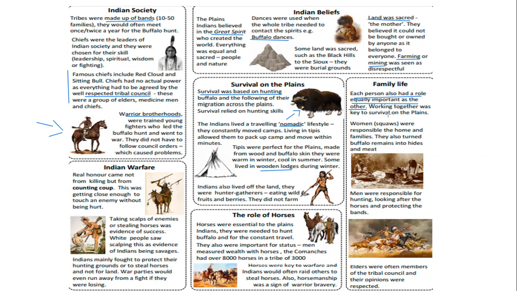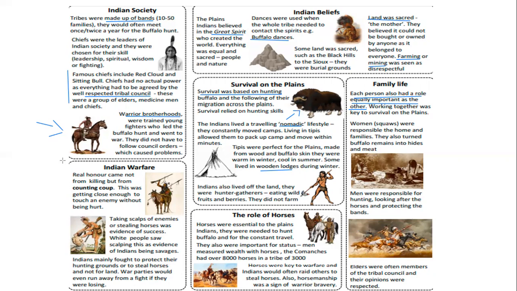They were responsible for turning the buffalo remains into things like the hides, the meats, making sure that the men were adequately fed, but they were seen as very, very important. Men were responsible for hunting, looking after the horses, and protecting the bands. And elders, the elderly members of the tribe, were often members of the council, which we talked about earlier, and they're often highly respected.